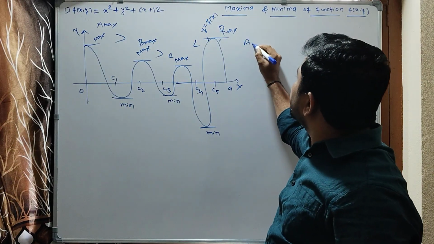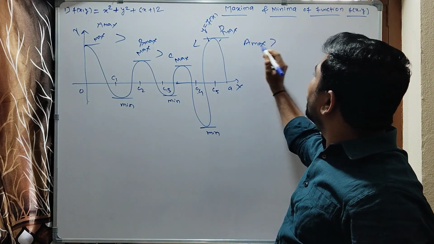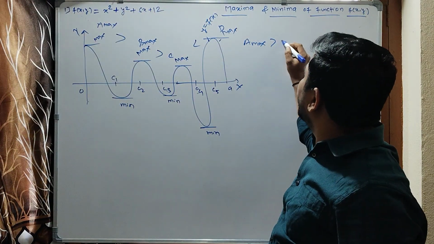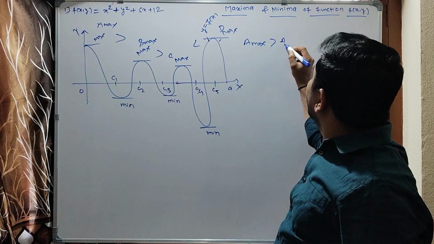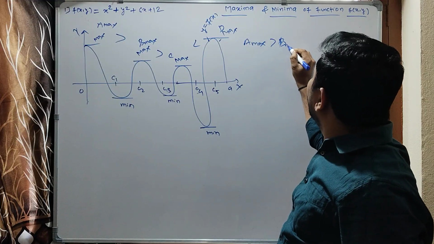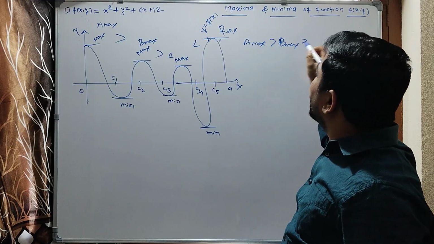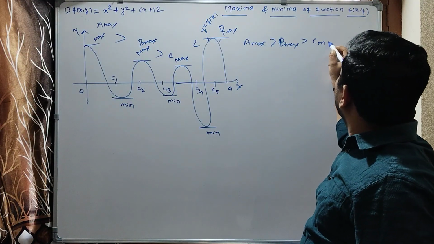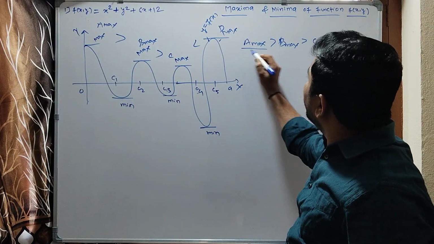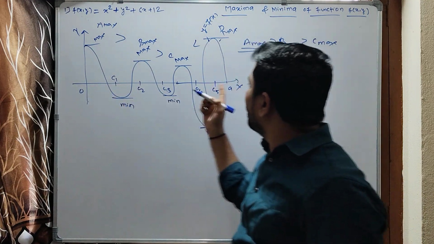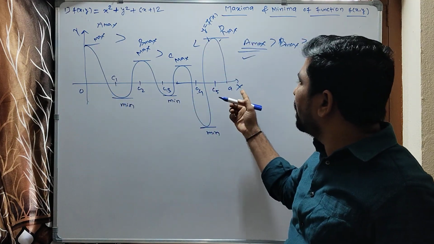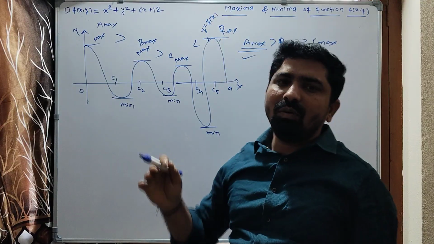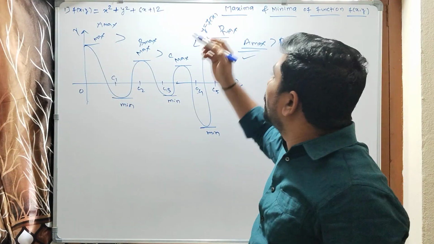So my D max is the maximum among all. D max is greater than A max, A max is greater than B max, and B max is greater than C max. In this way, my D max over the closed interval 0 to a, that is over the entire domain, this point is my maximum among the maxima, that is my global maxima.